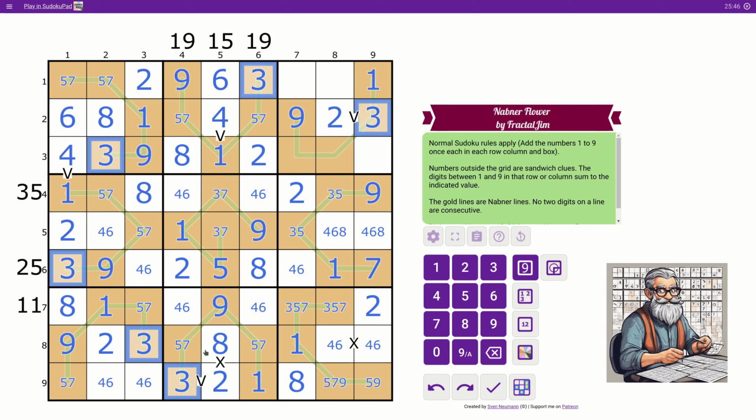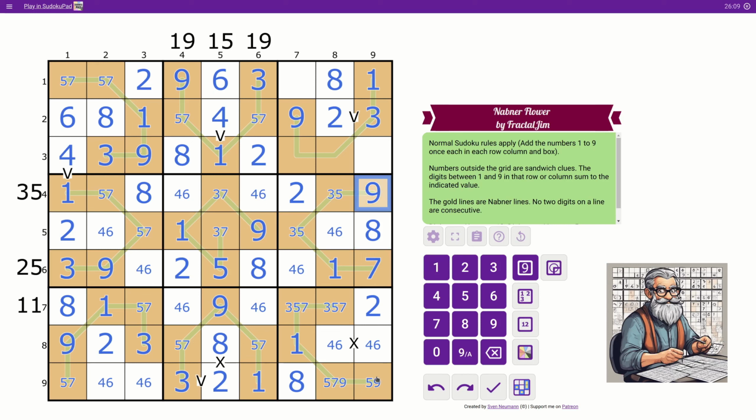Okay. 8 as well, not yet. Well, yeah, we can resolve it, because in box 3 the 8 can only be here, which means that this isn't an 8 anymore, and that puts the 8 here. Okay, good.